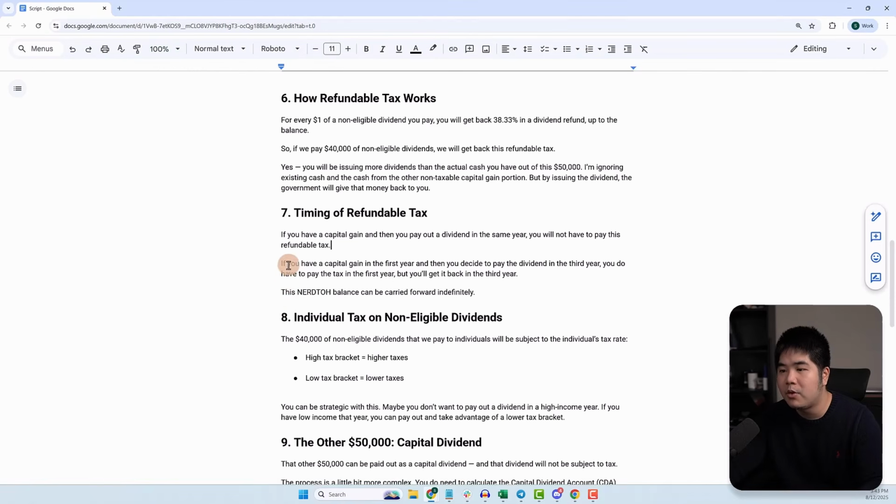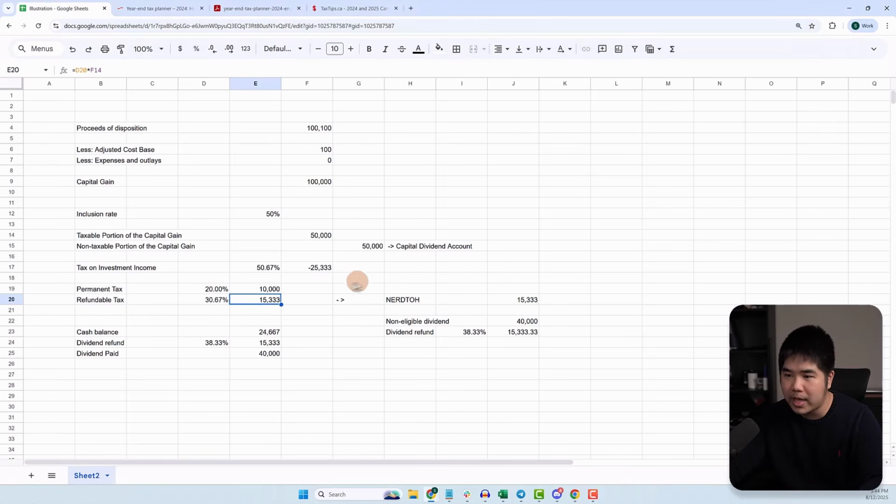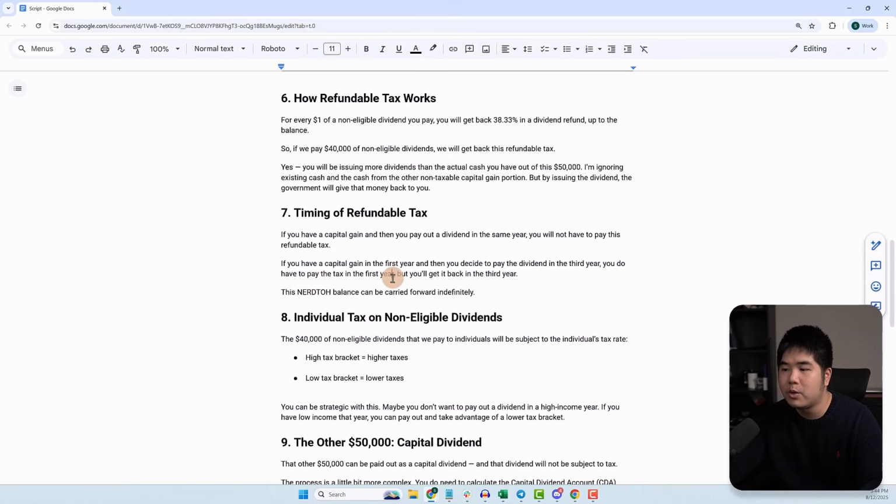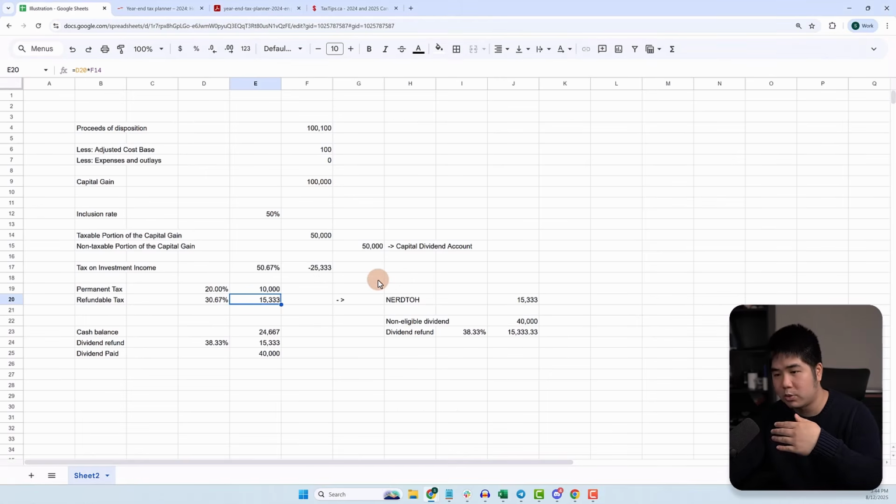But if you have a capital gain in the first year, so let's say in 2025, and then you decide to pay a dividend in the third year, let's say in 2027, you do have to pay tax in the first year. So in 2025, we had to pay this $15,000 to the government, but we will get it back in the third year in 2027 when we pay this $40,000. So in the meantime, this $15,000 will be sitting in the government's bank account without accruing any interest.